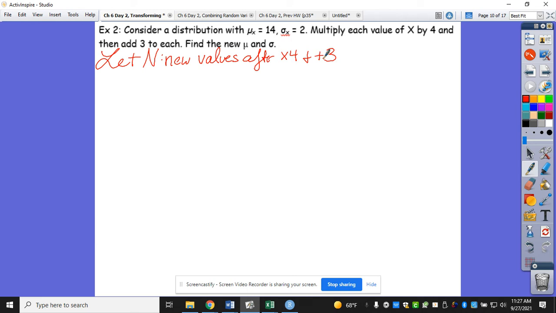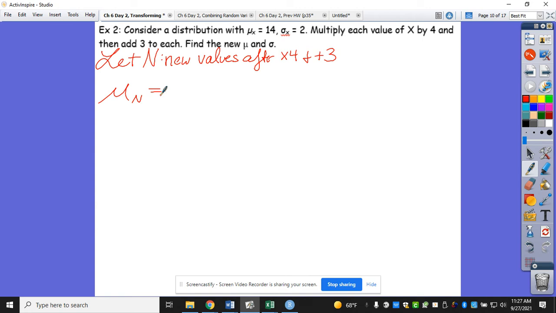This will give you absolutely no context. Because we had mu of x, sigma of x, but now we don't know what letter to do, mu of what, and sigma of what. So what do I write beside mu of n?